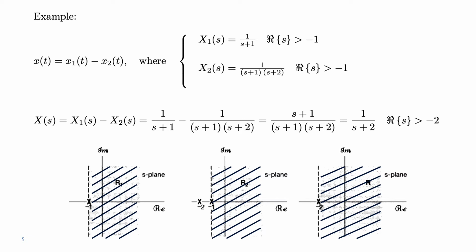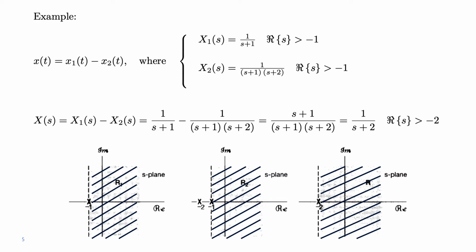We can see the same thing graphically by looking at the bottom of the slide. On the left we have the region of convergence of X1 of s. X1 of s, again written at the top, has only one pole in minus 1, and its region of convergence is a right half plane. Then in the middle we have the region of convergence of X2 of s. X2 of s has two poles in minus 1 and minus 2, and its region of convergence is to the right of the pole in minus 1.